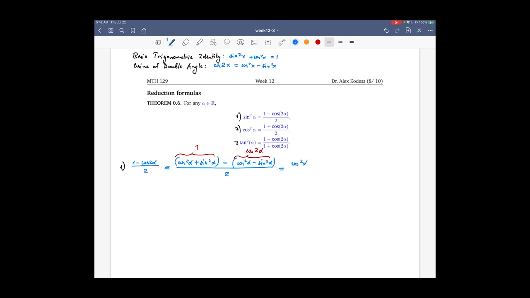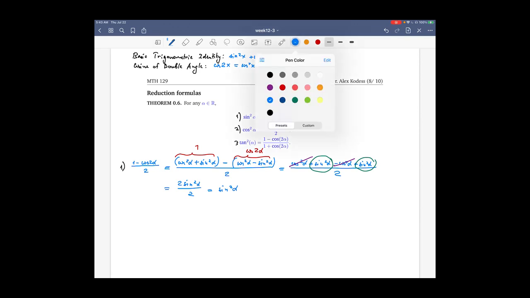We get cosine squared plus sine squared minus cosine squared plus sine squared. Combine the like terms. Cosine squared and negative cosine squared cancel out. Sine squared plus sine squared gives you 2 sine squared. And over 2, that simply gives you sine squared alpha. That proves the first formula.